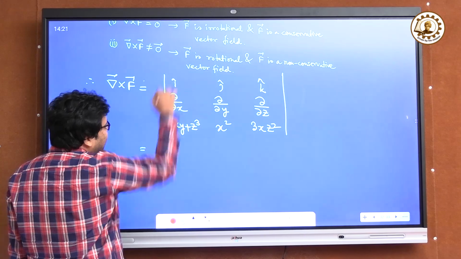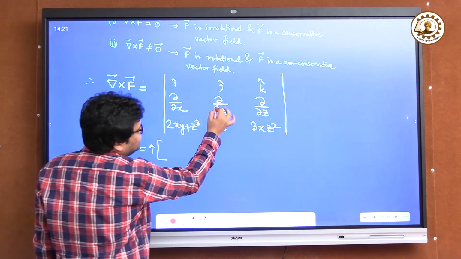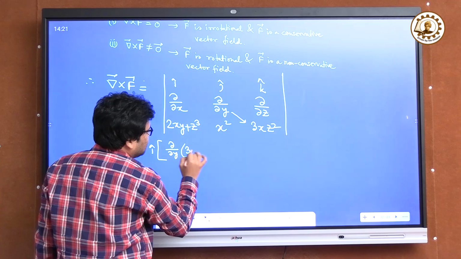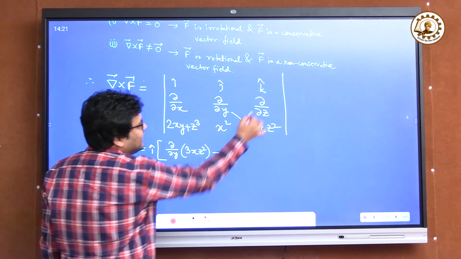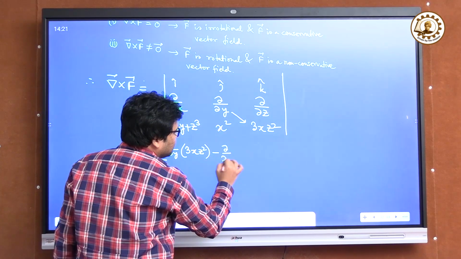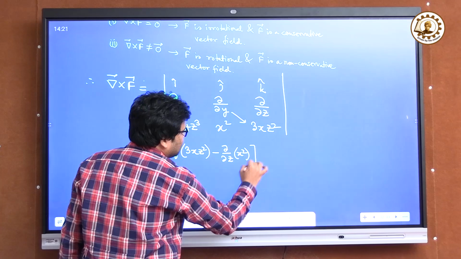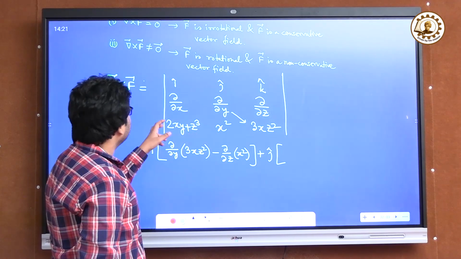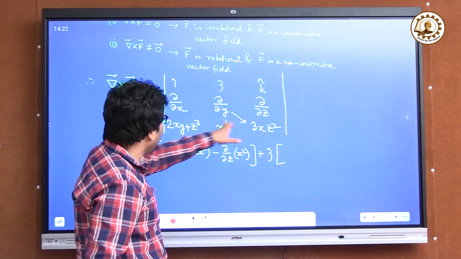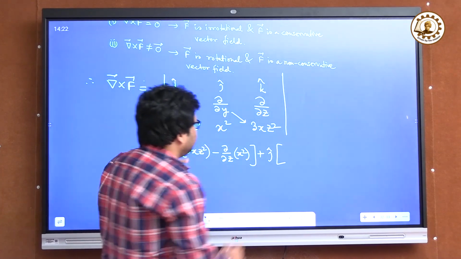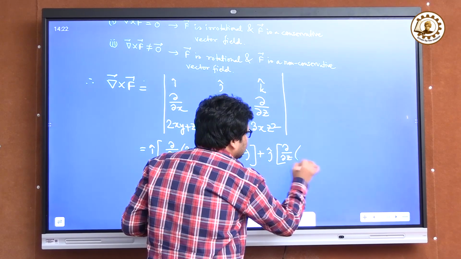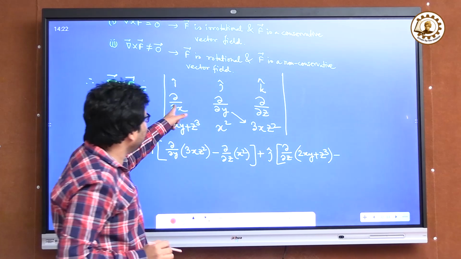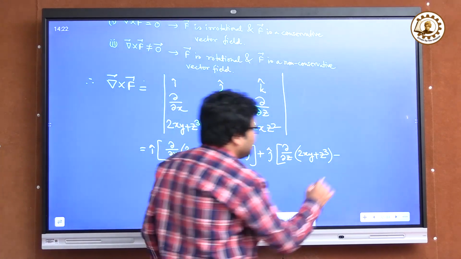So it results in the i cap component, that is del del y operating on 3xz square, minus del del z operating on x square, plus the j cap component, that is del del z operating on 2xy plus z cube, minus del del x operating on 3xz square.